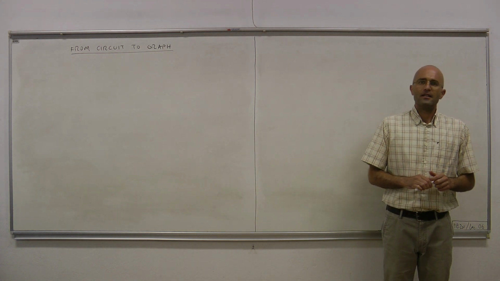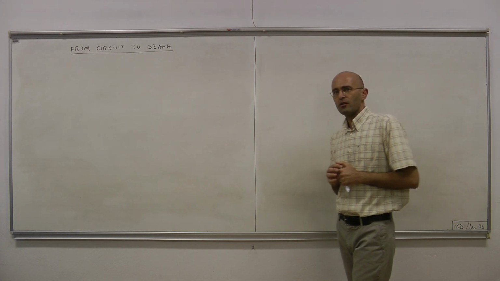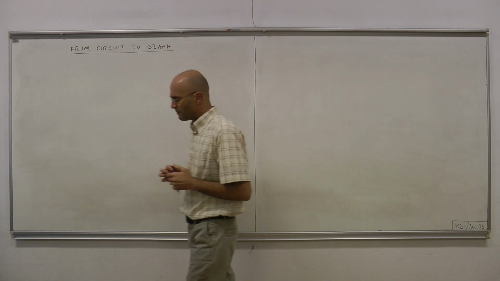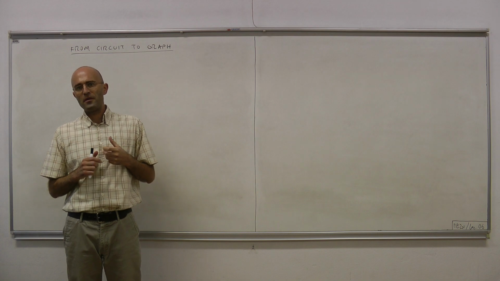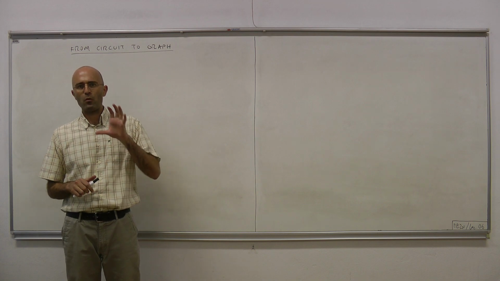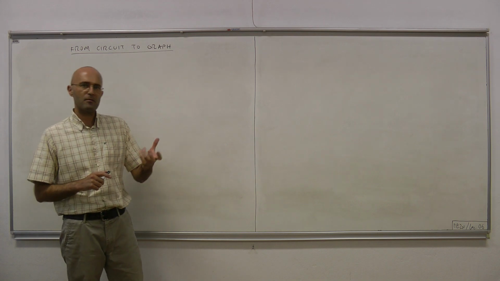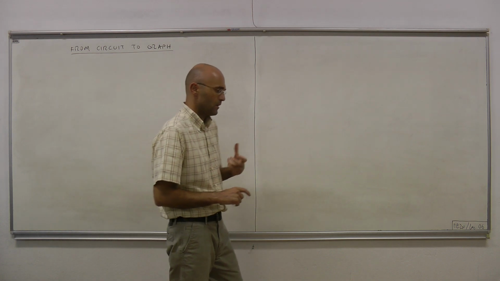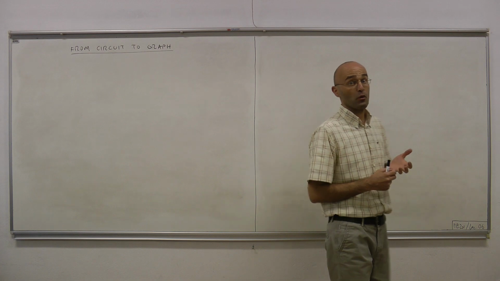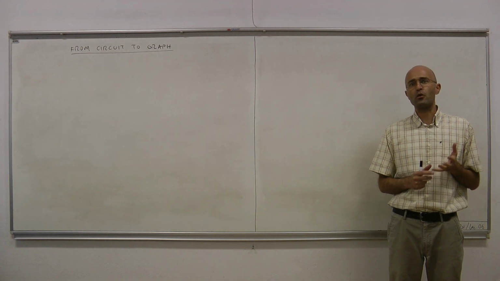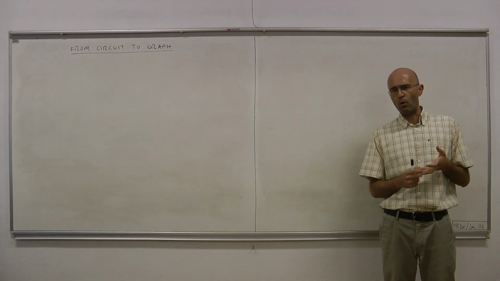We saw that the equations necessary in order to obtain those currents and voltages come from two different sources. One set of equations comes from the so-called network laws, or Kirchhoff's laws. We have Kirchhoff's current law and Kirchhoff's voltage law.